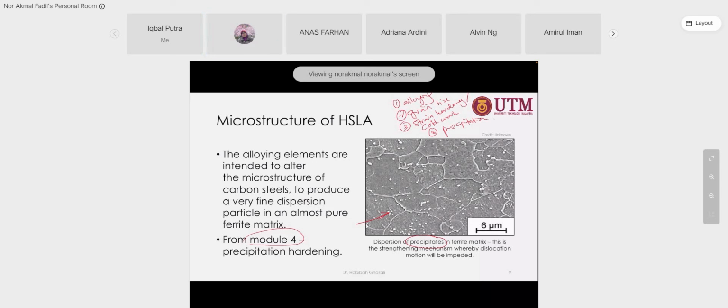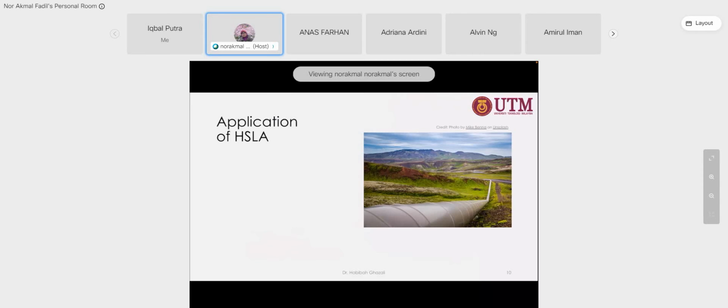So without alloying element in the low carbon steel, the only way you can improve the strength is by strain hardening or cold working process. But now by adding up to 10% weight of the alloying element, you can improve through precipitation. So to obtain the precipitates, you can have it through the heat treatment. Only by heat treatment, it will develop the precipitates.